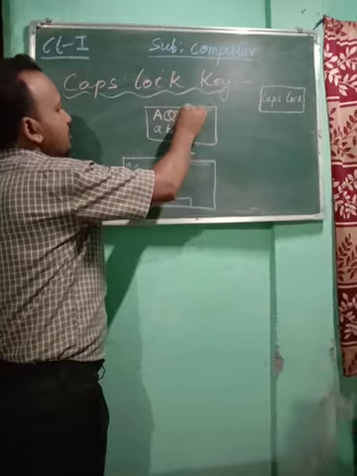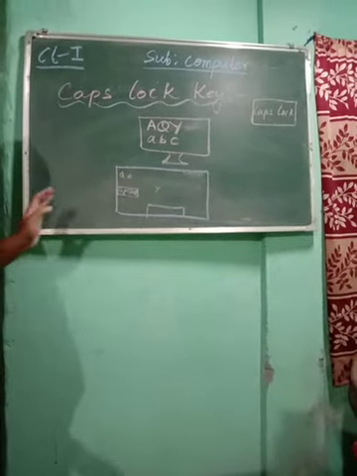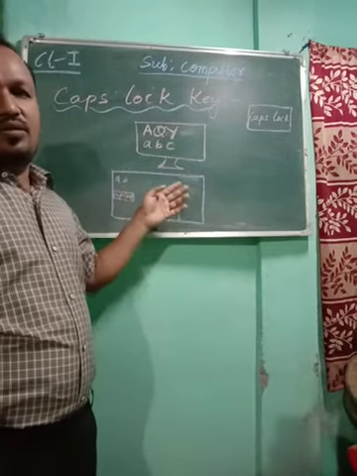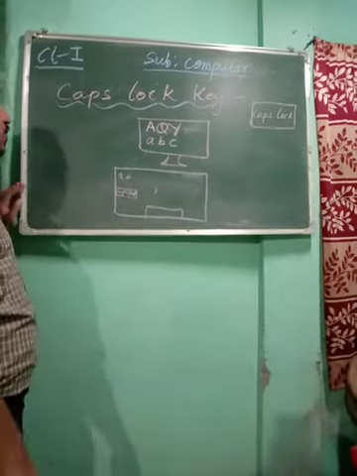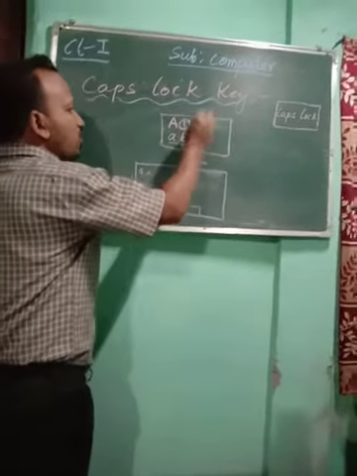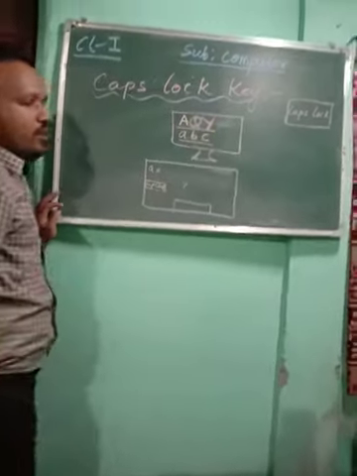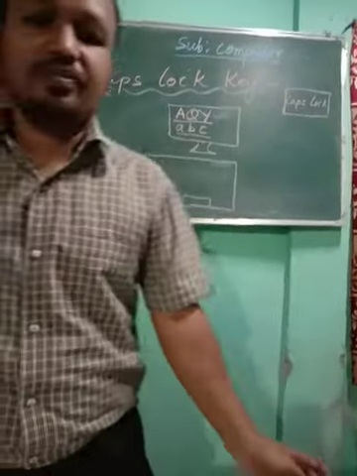First it will come in a capital letter, and then once more, when you press the cap lock key, the light will be off, and at that time you will see a small letter. So when the light is on, it will become a capital letter. When the light is off, it will become a small letter.